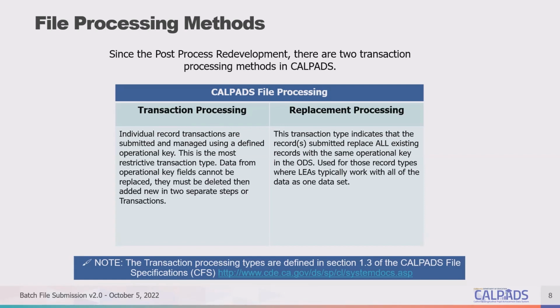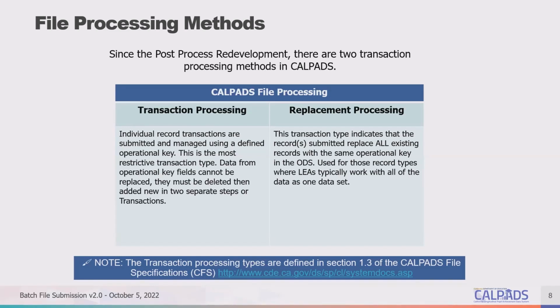So to paint a picture, if you want to replace a single record for a file type that uses replacement processing, and you have 1,000 records with that same operational key, that single record that you submit in a file will be posted. But if the remaining 1,000 records are not included in that file and posted again, they will be replaced. Every record sharing an operational key is replaced upon submission.